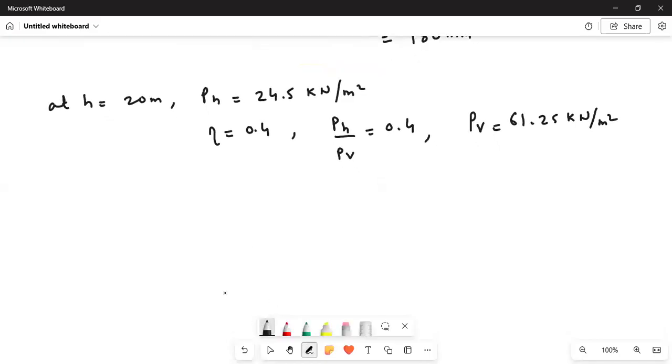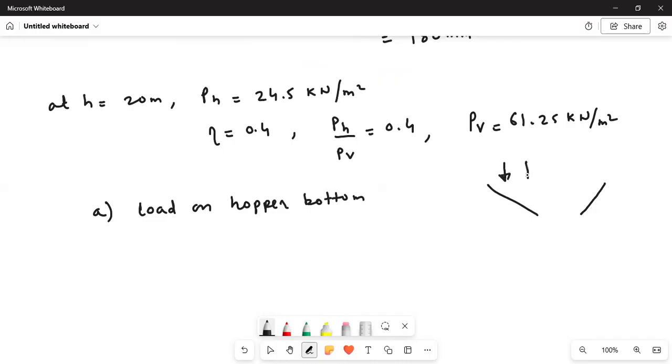So we have PV, the vertical pressure, and we need to find the loads on the hopper bottom. A, load on hopper bottom. Now this is your hopper bottom, and this is how the vertical pressure will act. To find the total load from the vertical pressure, it has to be multiplied with the area of the top of the hopper bottom, which is pi r square.